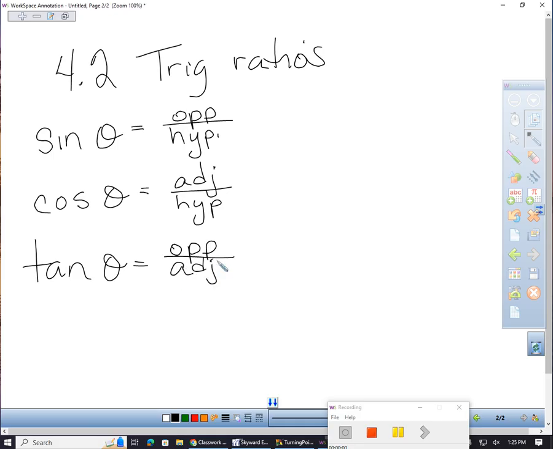Now, what you didn't know is there are three more. Which are actually the opposite of each of these. So we actually have what we call cosecant of theta, which is hypotenuse over opposite.